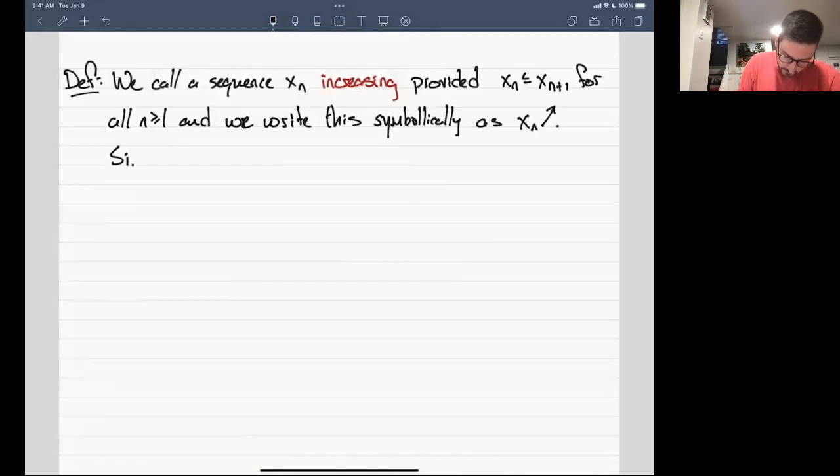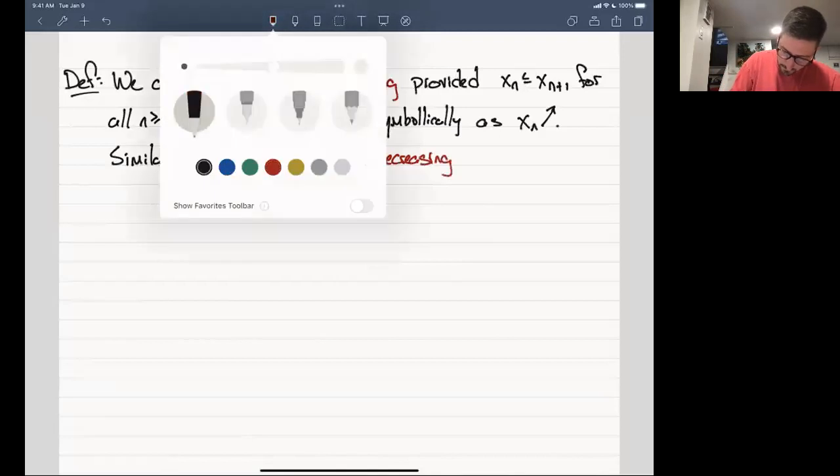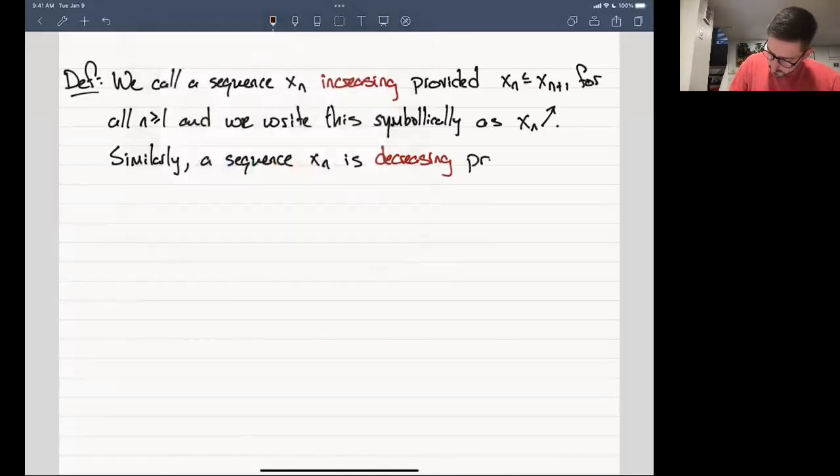So similarly, a sequence xn is decreasing, so you can probably figure this out. It's going to be decreasing provided xn is greater than or equal to xn+1 for all n greater than or equal to 1.